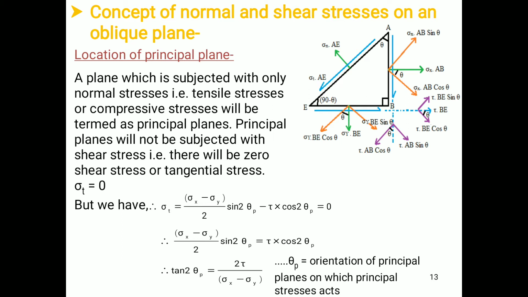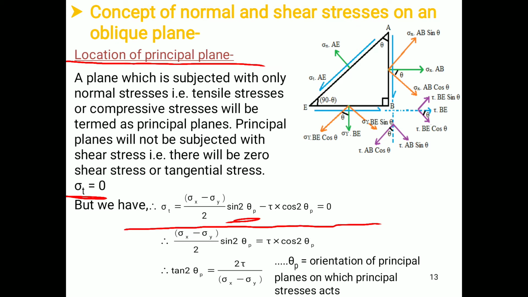First of all we will consider the tangential shear stress equal to 0, so sigma t is equal to 0. We have sigma t given by (sigma x minus sigma y)/2 times sine of 2 theta minus tau times cos of 2 theta, which is equal to 0. But remember that while finding the location of principal plane, we replace theta by theta p. So in this equation I have considered theta p instead of theta.